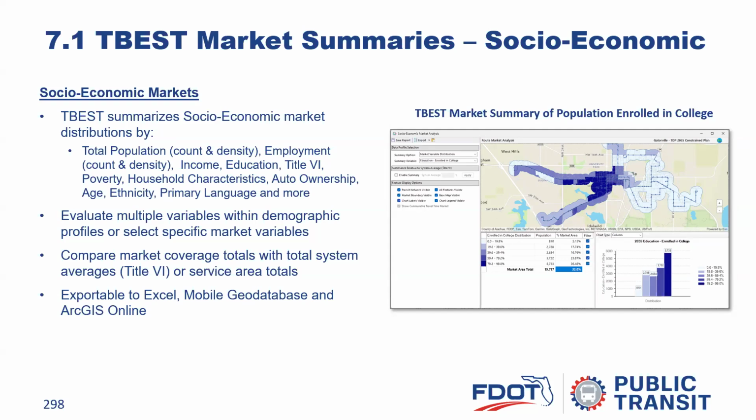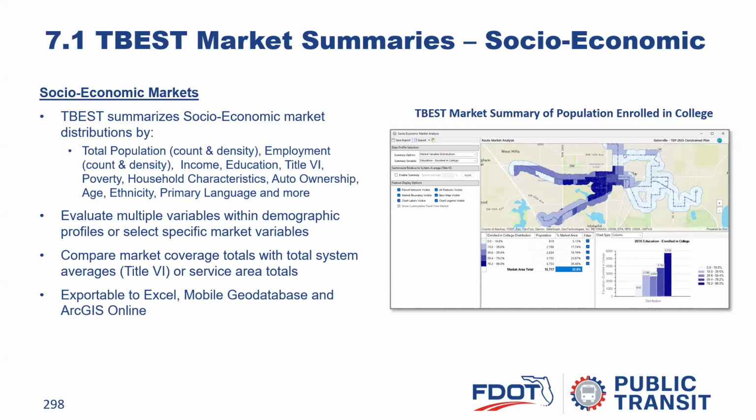You can evaluate multiple variables within demographic profiles. The default is to show one variable at a time, but there are profiles in the market analysis that display multiple variables in the summary report.